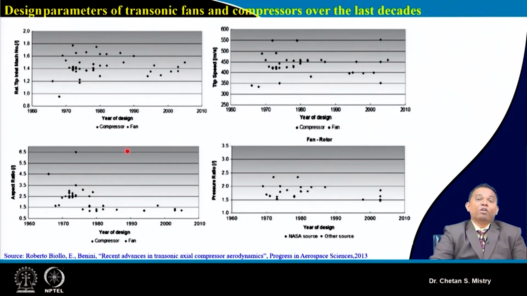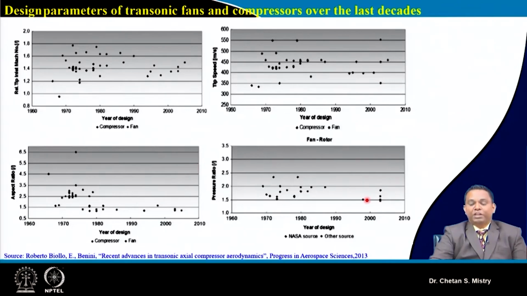We have discussed that aspect ratio has benefits in terms of operating range and efficiency, and the aspect ratio is coming to be lower. So the interest is towards the development of axial flow fans and compressors with low aspect ratio, higher inlet relative Mach number and higher tip speed.